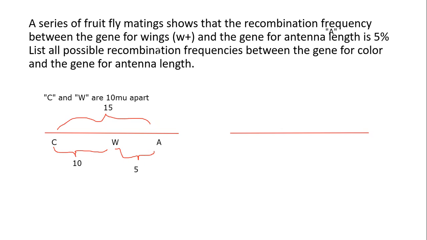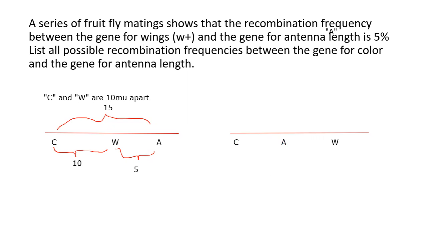The other option is it could go C, and these are not to scale by any means, C A W. So it could also go C A W, because all I know is that A and W have to be 5 apart and C and W have to be 10 apart. I don't know anything about C and A. In fact, that's what I'm trying to propose.